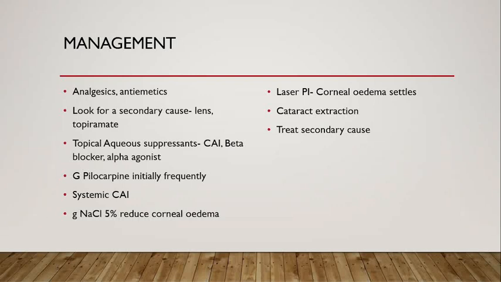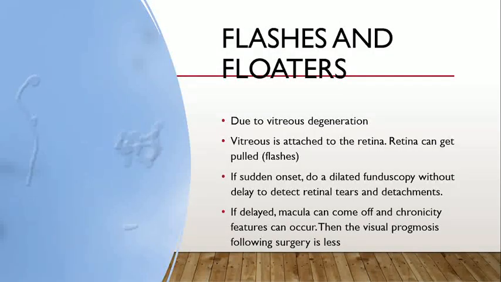You treat with carbonic anhydrase inhibitors, beta blockers, alpha agonists, and systemic drugs and sodium chloride for the cornea to become clear. And the other management includes cataract extraction, treating a secondary cause like topiramate, and laser to lessen the corneal edema and to reduce the eye pressure.